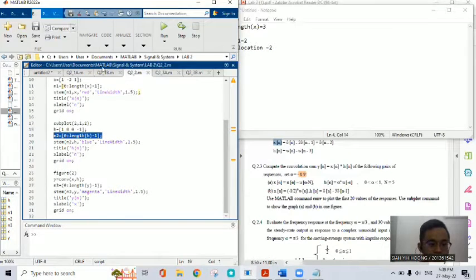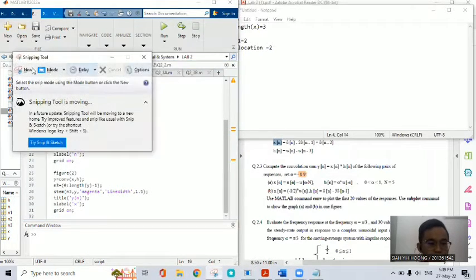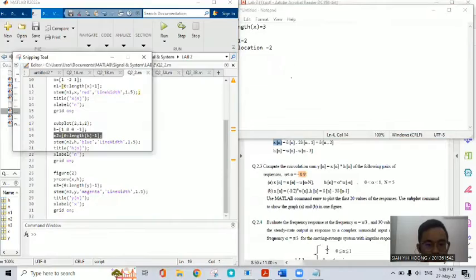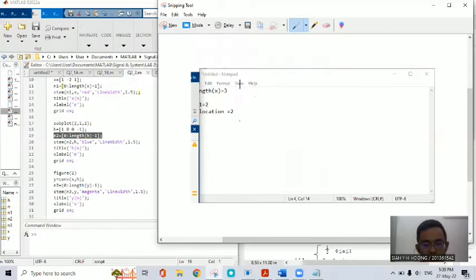So if I run this code, I will have output like in figure 1. We don't touch figure 2 first. This is figure 1.